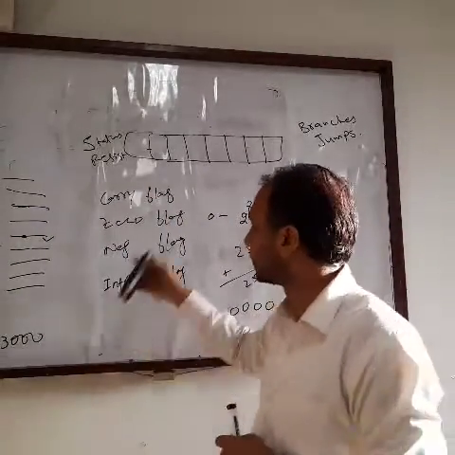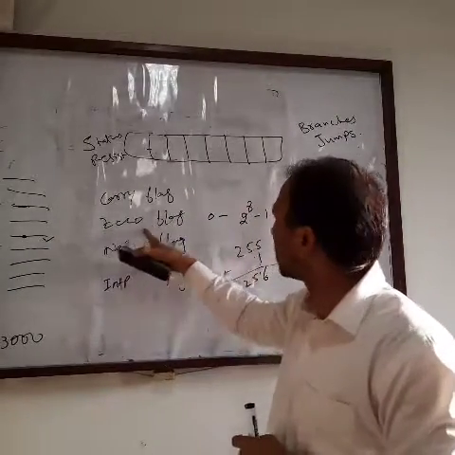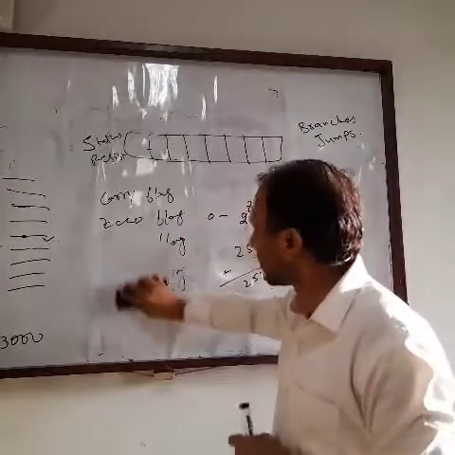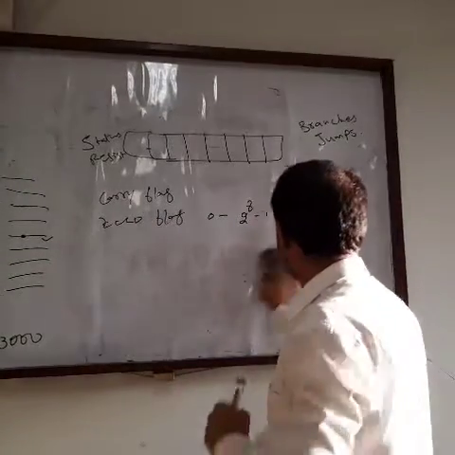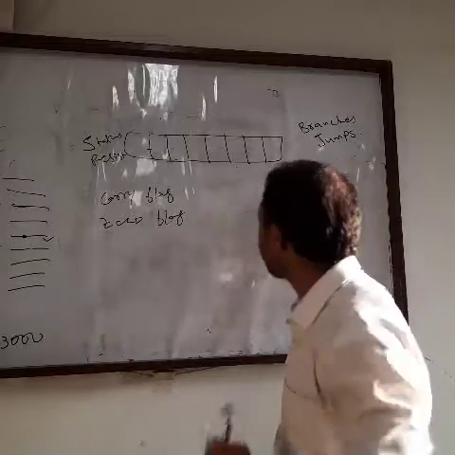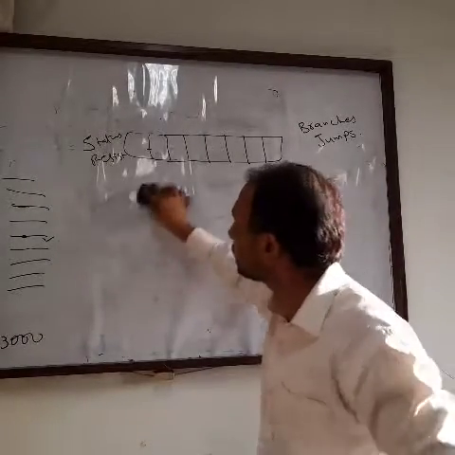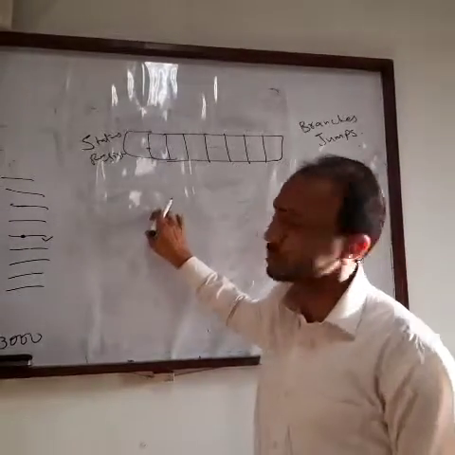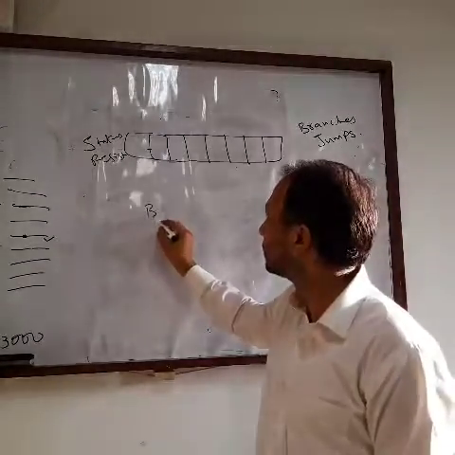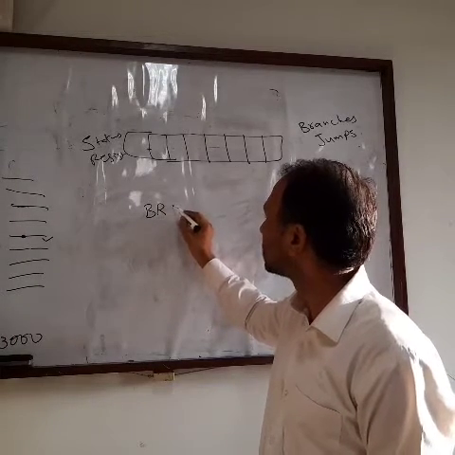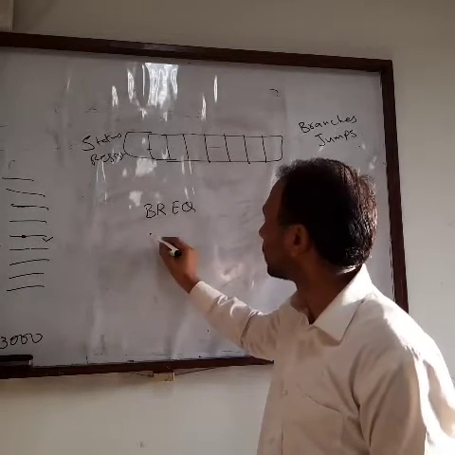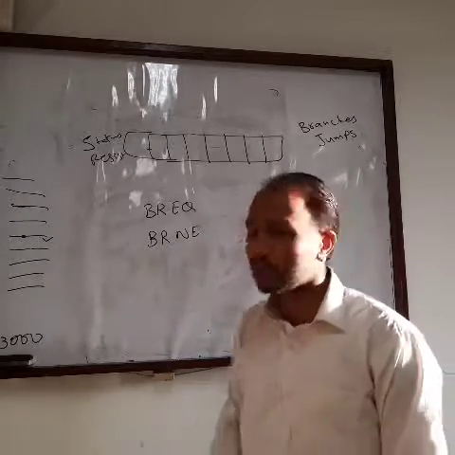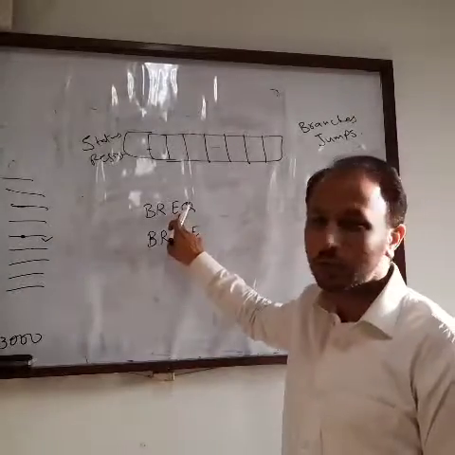Now let's see an example. For example, we are using an instruction which uses the zero flag to take a conditional jump. We have two instructions which use the zero flag: branch if equal, BREQ, and branch if not equal, BRNE. What is equal?